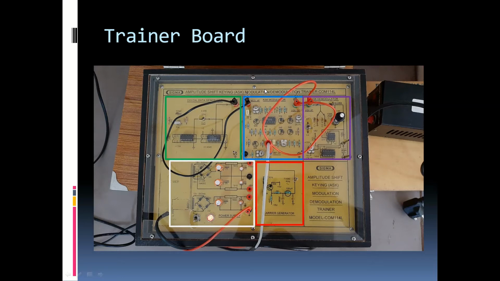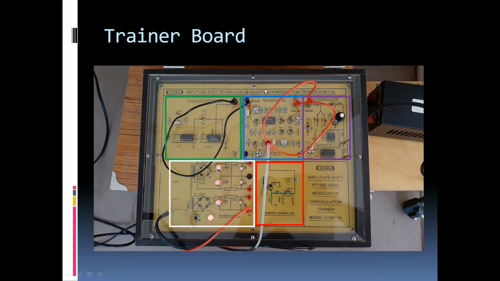This block uses a 4.096 megahertz crystal as the source, and it also uses an HC4040, which is a 12-bit or 12-stage binary ripple counter, and an HC04, which is a hex inverter.